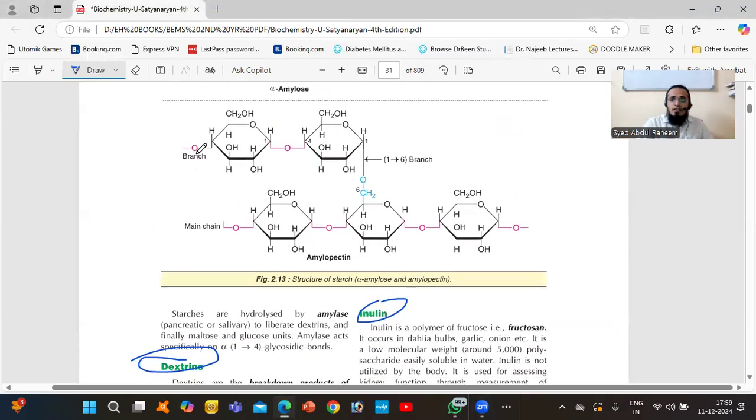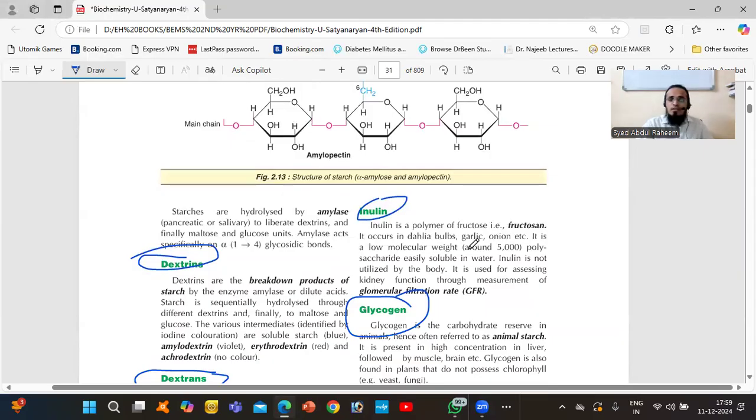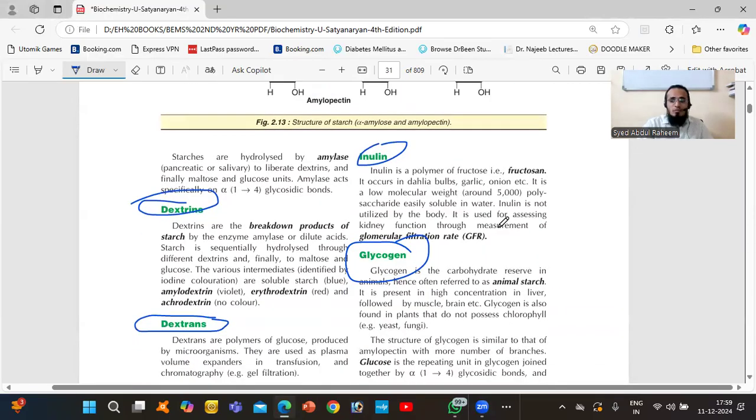Next we have inulin. Inulin is a polymer of fructose. It is present in dahlia, garlic, and onion. Its molecular weight is very low, and it is soluble in water. Inulin is not utilized by the body. It is used for assessing kidney function through measurement of GFR, glomerular filtration rate.